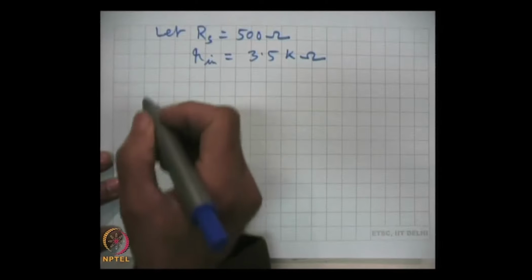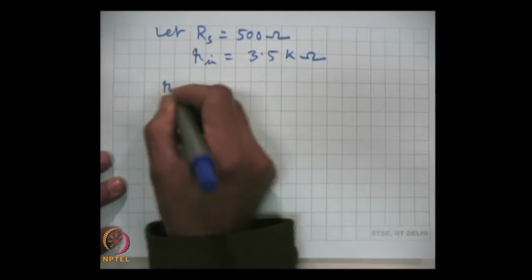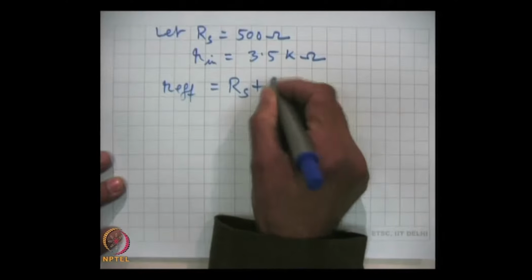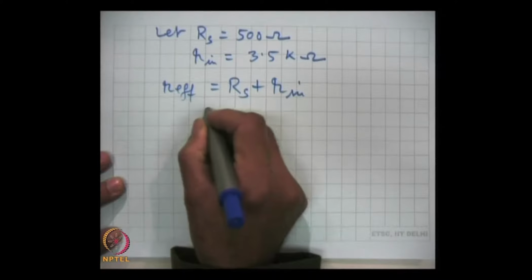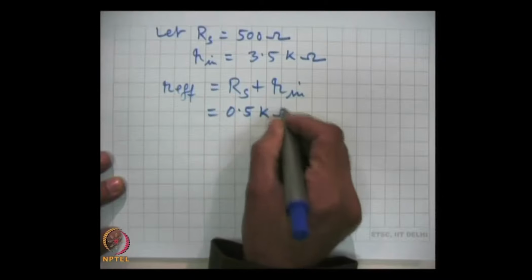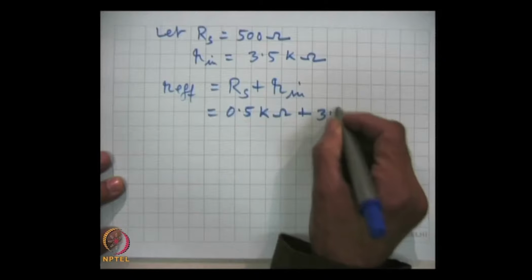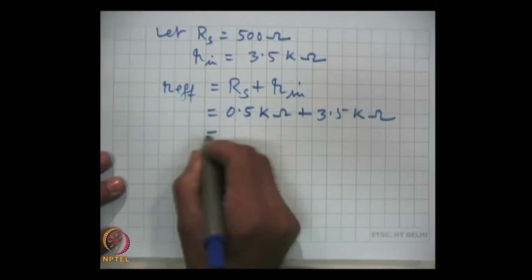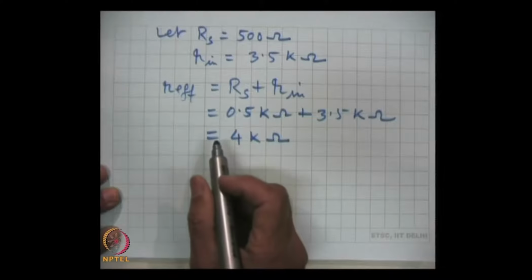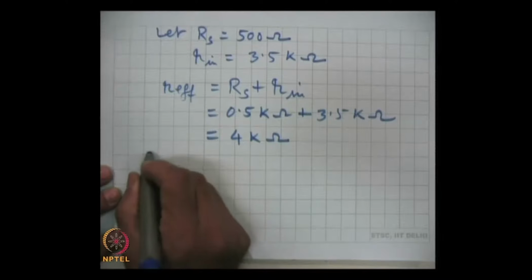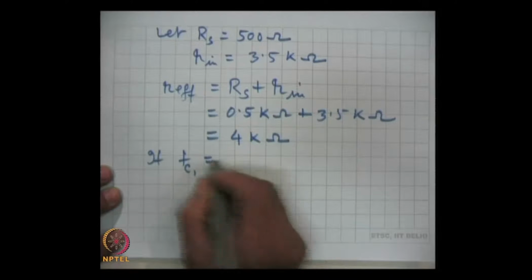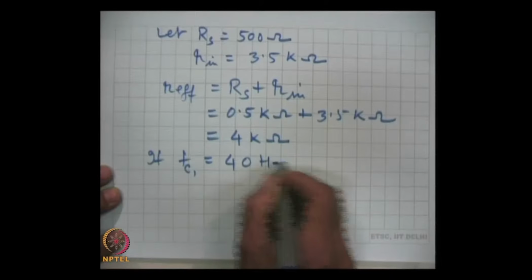Then R effective becomes equal to R s plus R in, which is 0.5 kilo ohms plus 3.5 kilo ohms. So, this is equal to 4 kilo ohms. This is R effective.